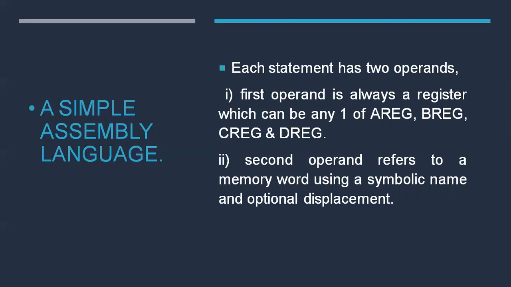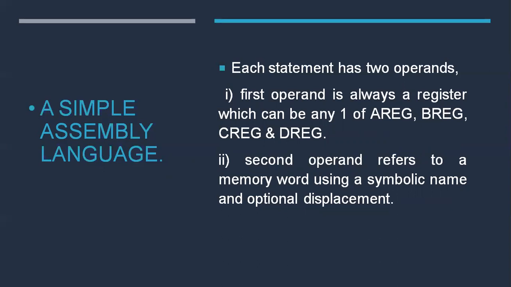If you have learned any other statement format, then for the time being, for the system programming subject, forget that particular statement format. Here the author is telling you that the first operand is always a register: A, B, C, or D register.